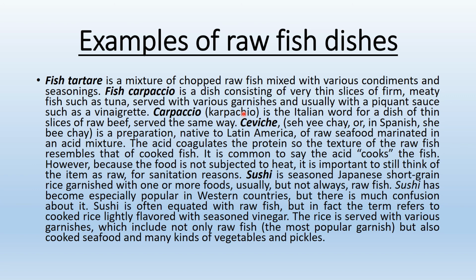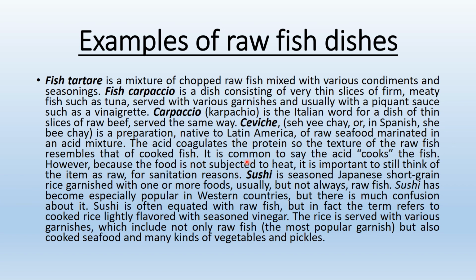What other people do, they cut the shrimp in pieces and they add lime, so the lime is over here, as you see. It is common to say that the acid cooks the fish. However, I put fish over here, but actually it should be the seafood. Because the food is not subject to heat, it is important to still think of the item as raw for sanitation reasons.